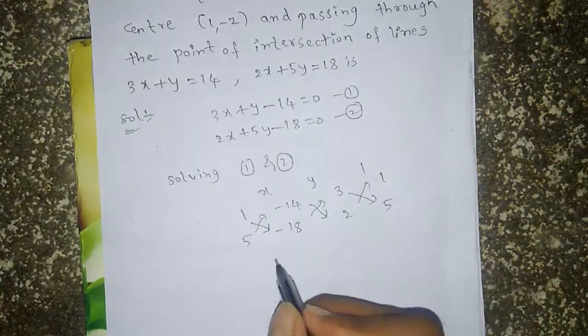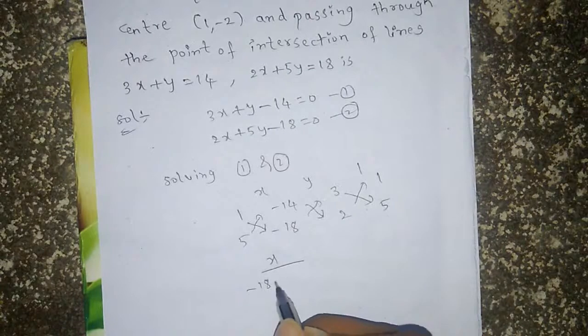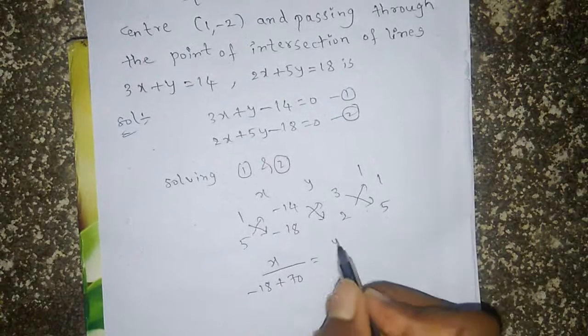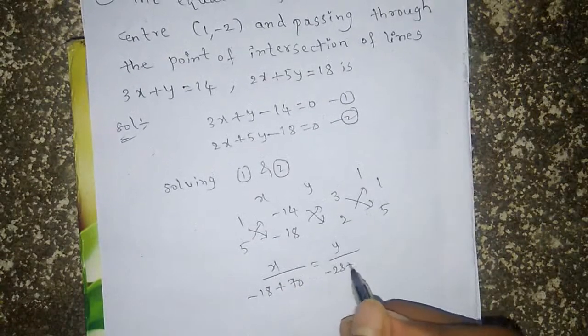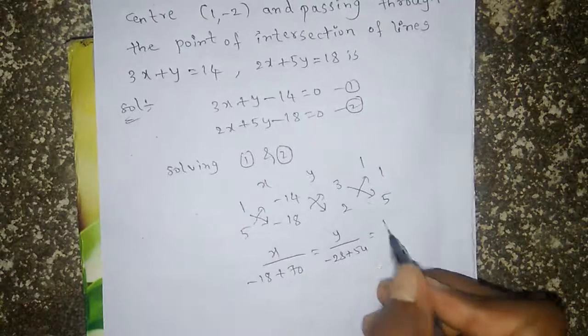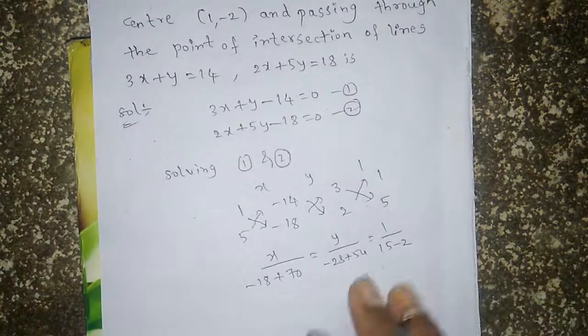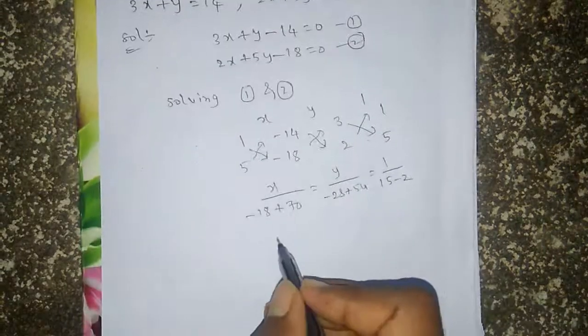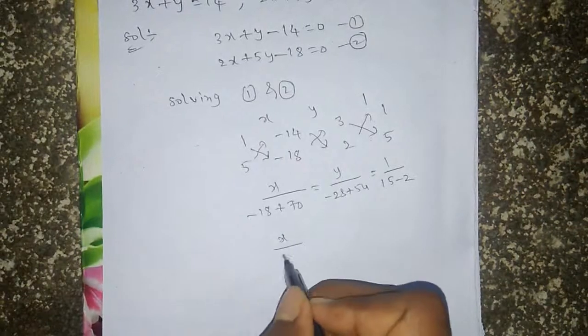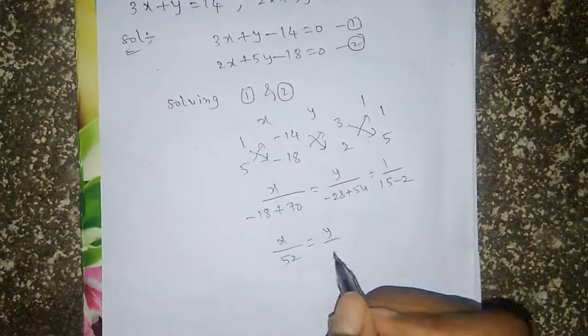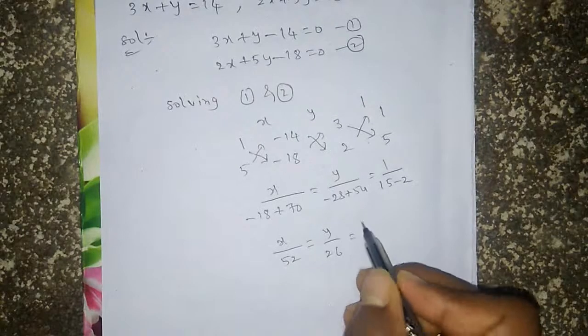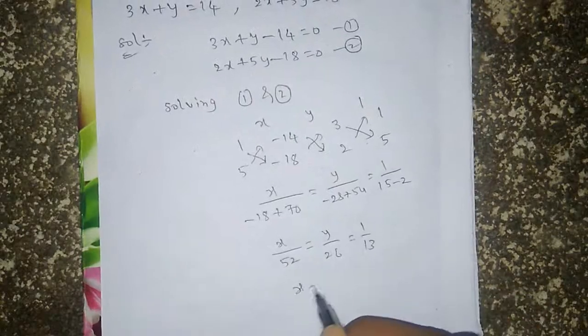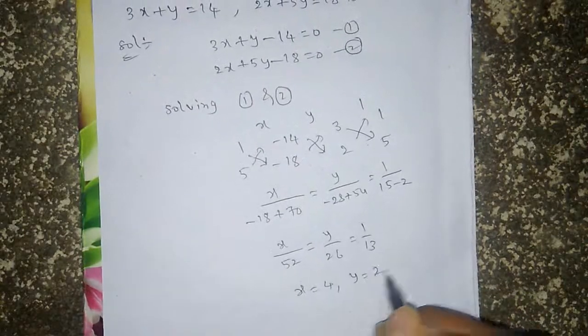Cross multiply: x/(-18 + 70), y/(-28 + 54), 1/(15 - 2). This is x/52 = y/26 = 1/13, which implies x = 4, y = 2.